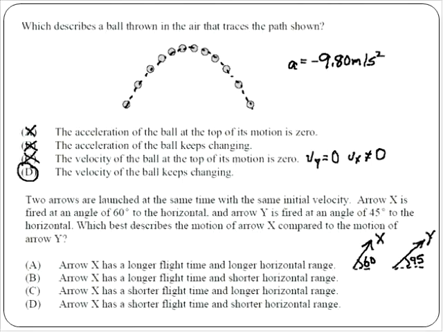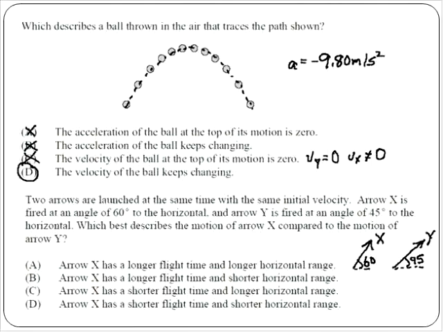Now, we want to know two things. Okay, there's two things mentioned in the choices there. The flight time is mentioned, the time in the air, and the range is mentioned. Well, the flight time depends on one thing and one thing only. It depends on the vertical velocity at the beginning, and the height.